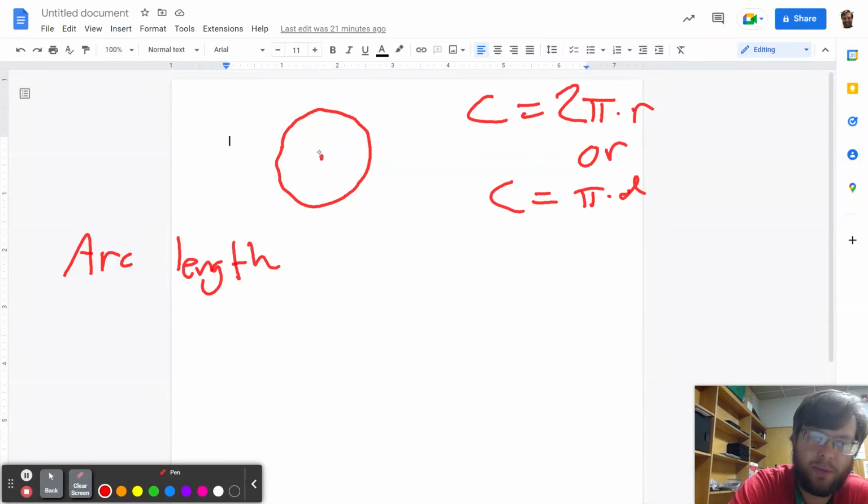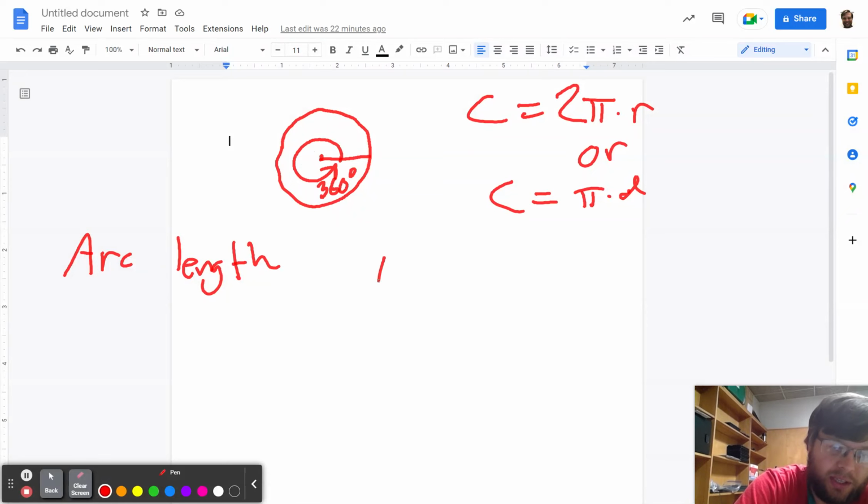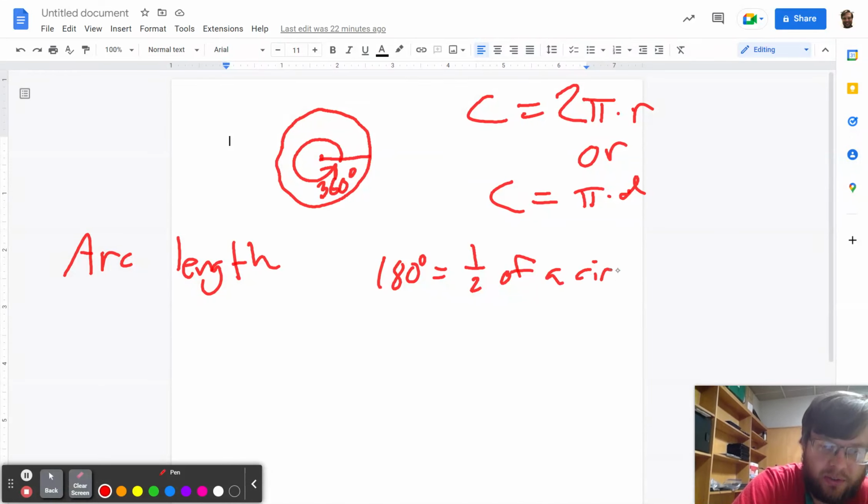And so that comes back to the idea that a full rotation on the circle is 360 degrees. So, for example, if I wanted to just go 180 degrees, that equals one half of a circle. And I think most of us totally intuitively understand that 180 degrees is half of a circle.